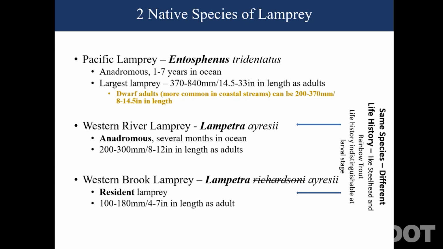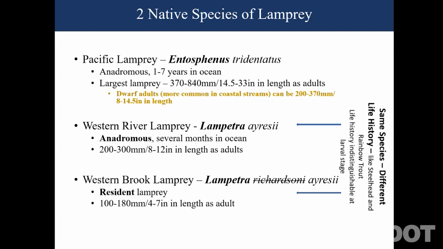In the Puget Sound and Washington coast, we have some tricky cross-size adult lamprey. We actually get a dwarf Pacific lamprey in this region. They can be quite a bit smaller, and so they will overlap in size with our Western river lamprey adults. So you have to look pretty closely at them to determine which species it is.